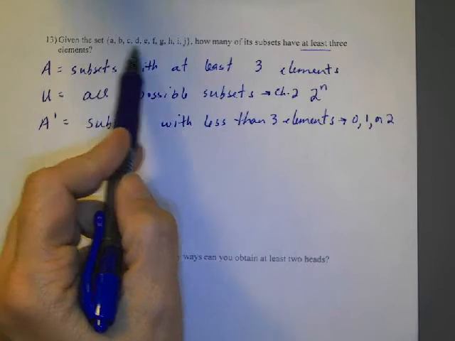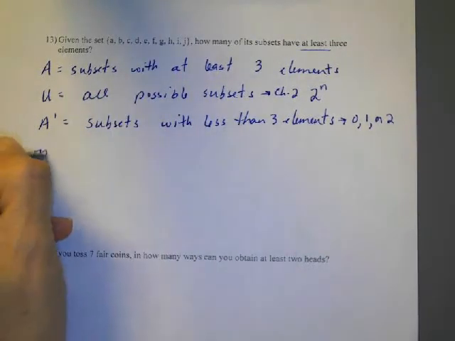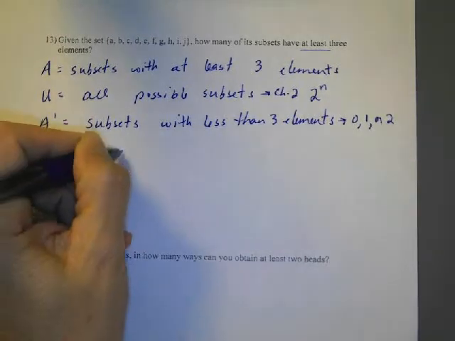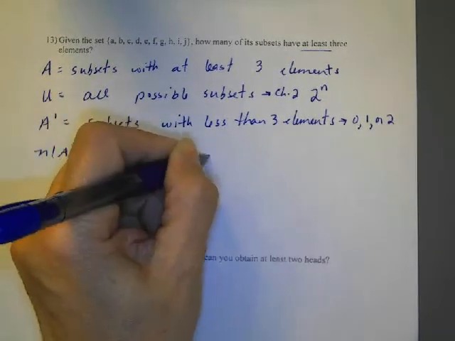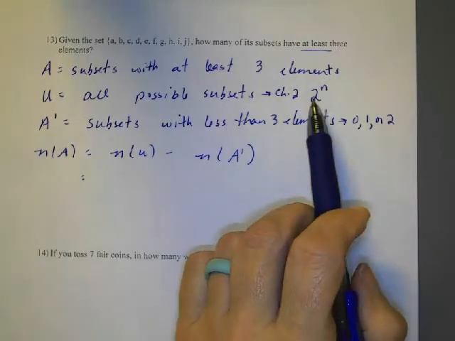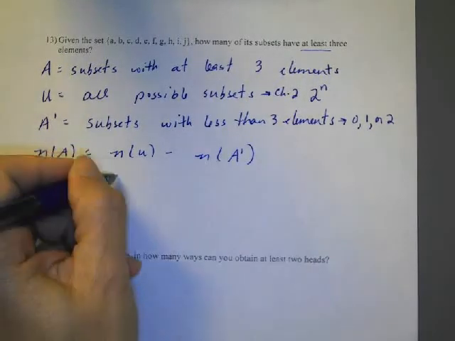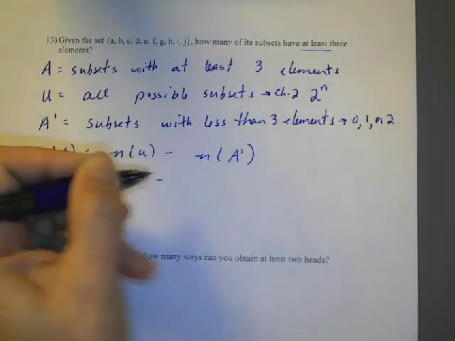This is a set, and the total number of elements are just counting all the letters that you see. So n of A equals n of U minus n of A prime. So n of U, it simply uses this formula 2 to the nth power. There are 10 letters here, so 2 to the 10th power.